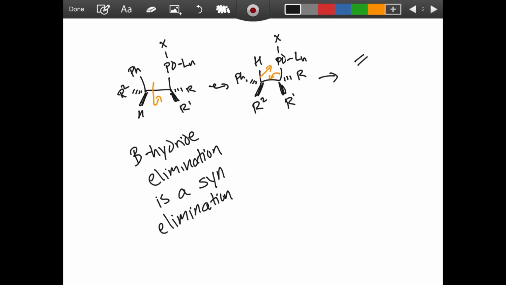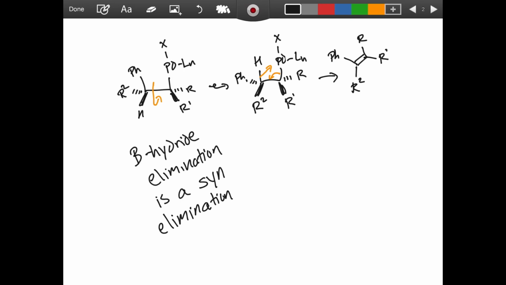Now, if you look, R and phenyl are on the same side of this structure, so R and phenyl are going to be on the same side of the double bond, and then R1 and R2 are on the same side, so that is going to put R1 and R2 on the same side.